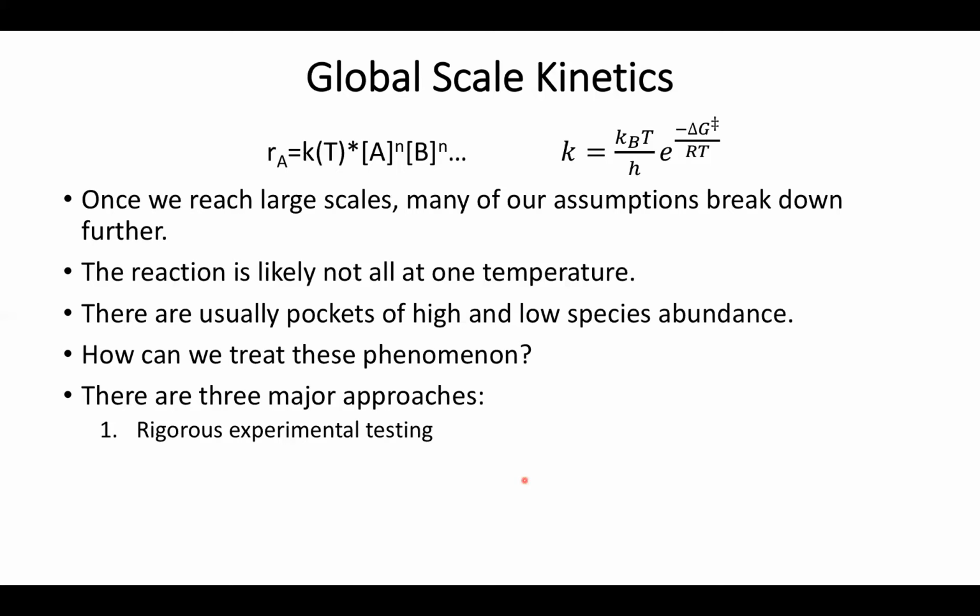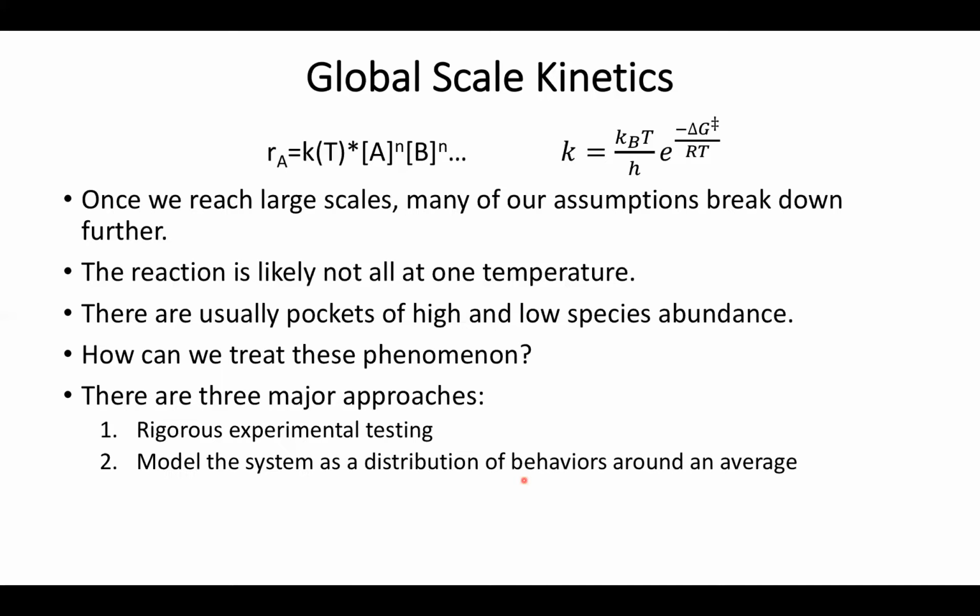Once I scale up to a kilogram or larger scale, there often become so many competing phenomena that I actually have to test the system to be sure of what the heat production rates are, as well as the relative species abundance throughout my entire mixture.